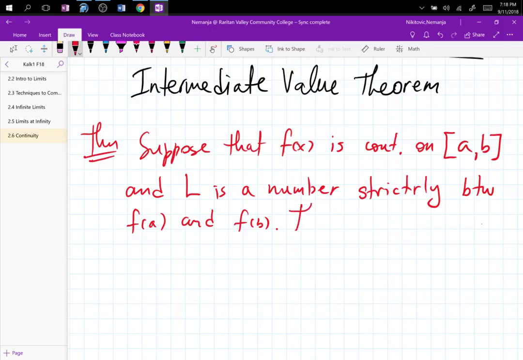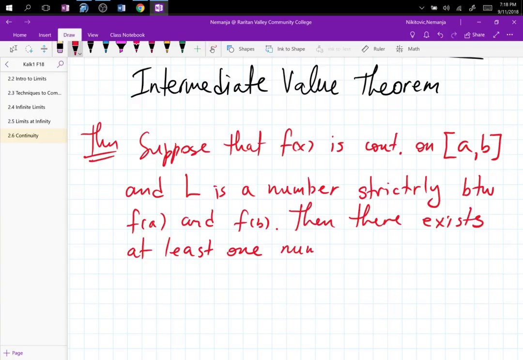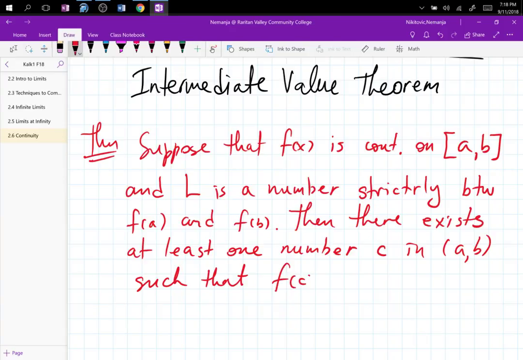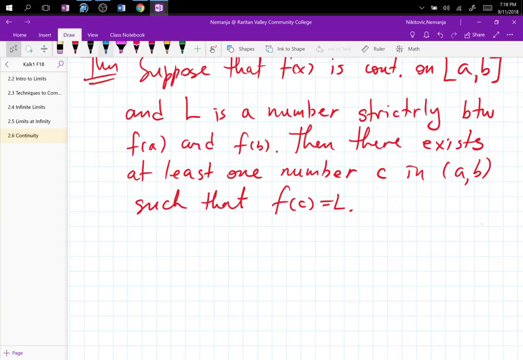Then there exists at least one number c in (a, b) such that f of c equals L. And then we have a graph that goes with it.